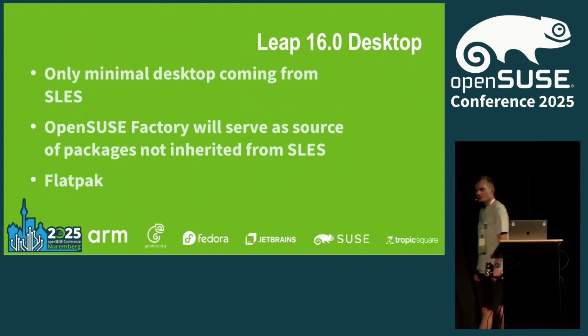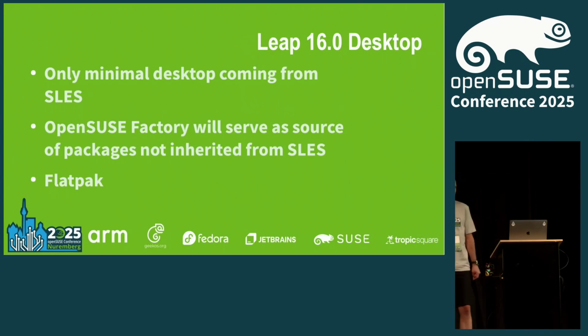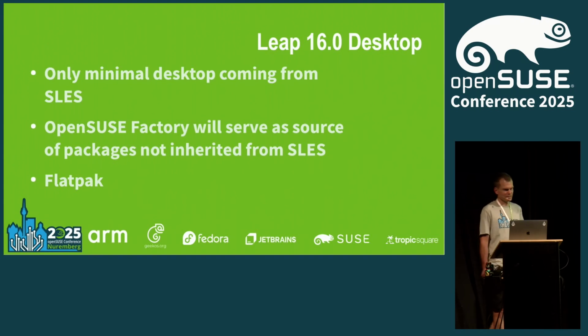What is left to the story is what's going to happen to the openSUSE desktop with Leap. As I said, SLES is only going to be providing minimal desktop functionality. These packages will be available to the openSUSE project to build Leap. But for, let's say, the desktop productivity applications, there will be no packages to be inherited from SLES.